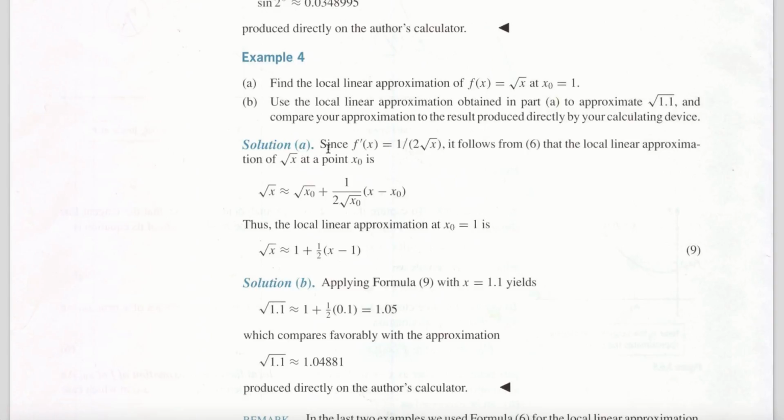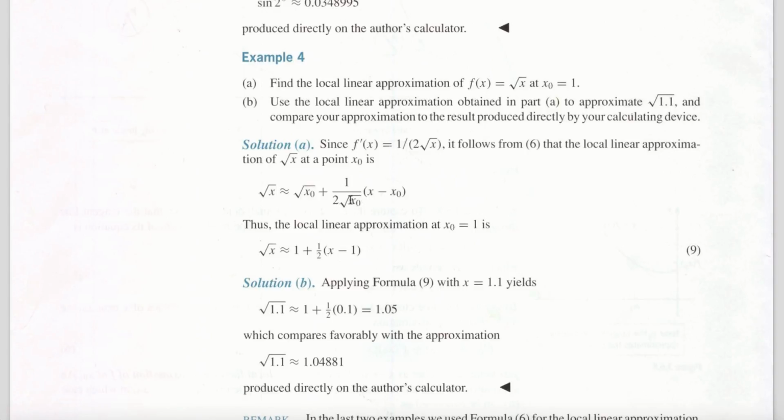So first thing we do is we calculate the derivative, which is 1 over 2 square roots of x. And so it follows, looking all the way back to equation 6, that the square root of x can be approximated as the square root of x naught plus 1 over 2 square roots of x naught times x minus x naught.